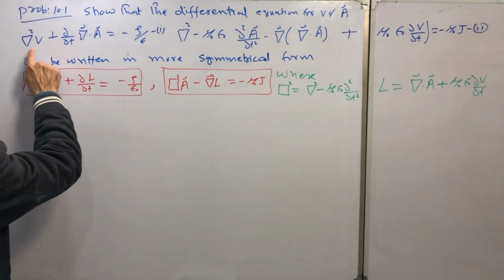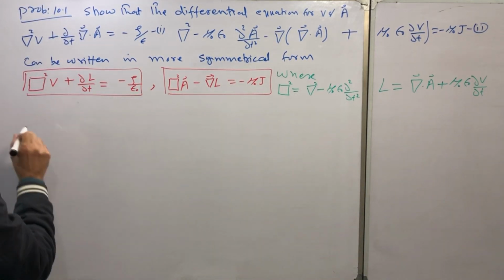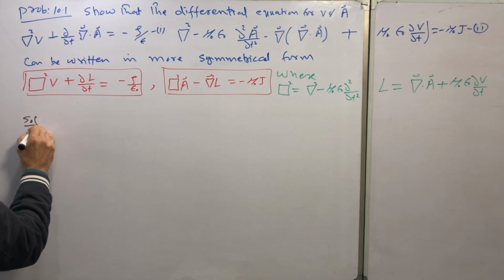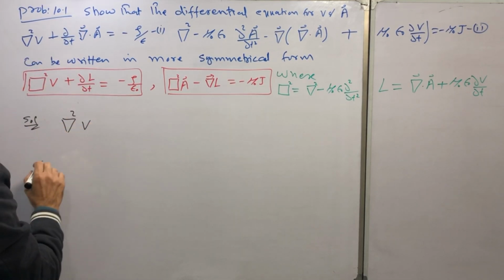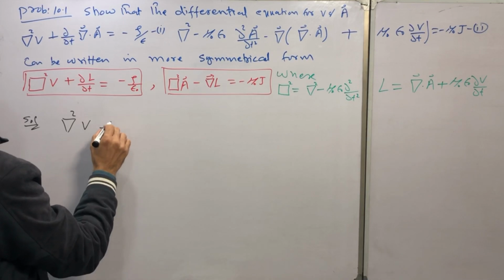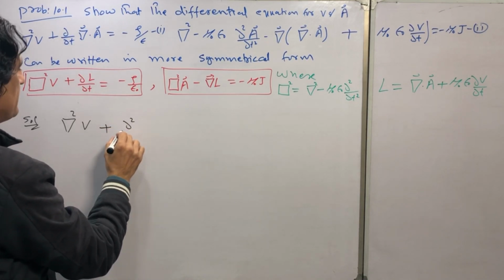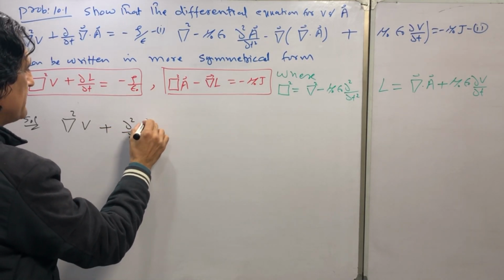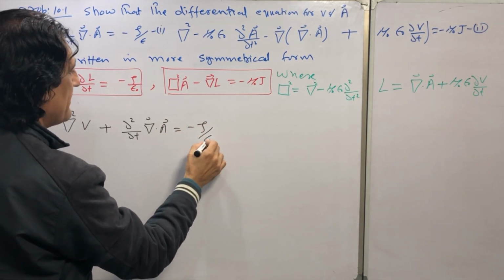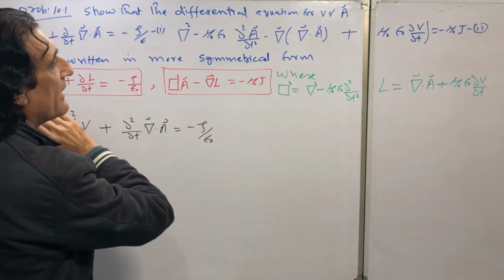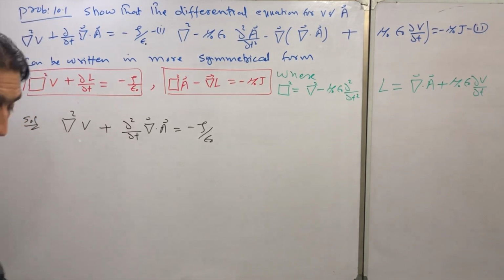So first of all, I want to consider the solution of equation 1. I want to consider this equation: del square V plus partial divided by partial T of divergence of A, which is equal to minus rho divided by epsilon naught.